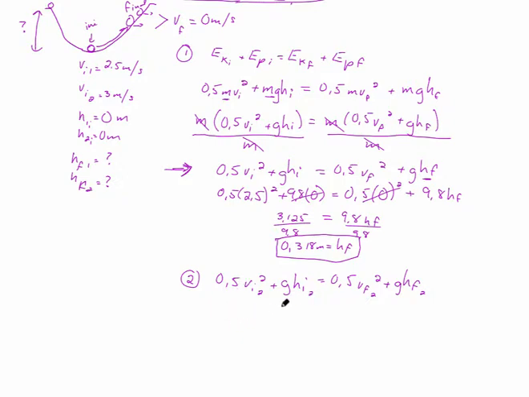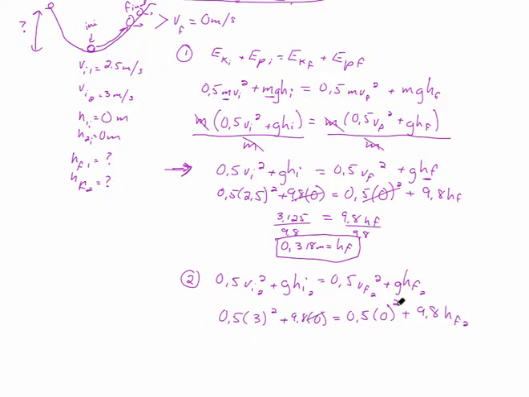So I know that 0.5 times the velocity, this time 3 meters per second, squared, plus 9.8 times 0, because the height at the initial moment is still 0. We're basing it on the bottom of the ramp. And the velocity once the ball is stopped and reaches its maximum height will be 0. So I have 9.8 times the h final of the second ball.